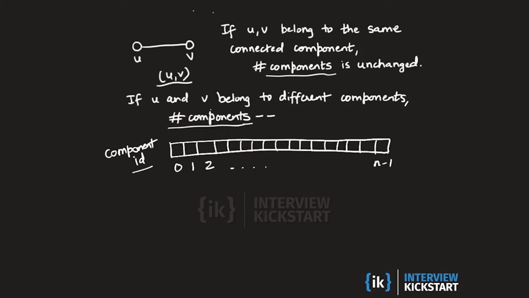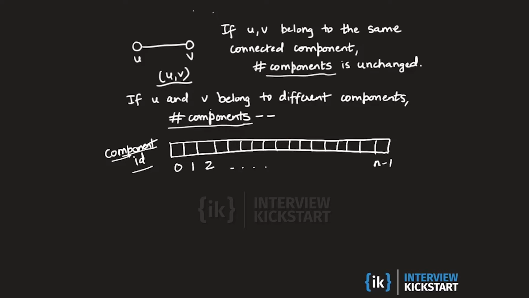Now, this sort of information, which is stored on a per vertex basis, is commonly implemented by creating a separate array, a one-dimensional array of size n, to store that information kind of like an attribute for each vertex.